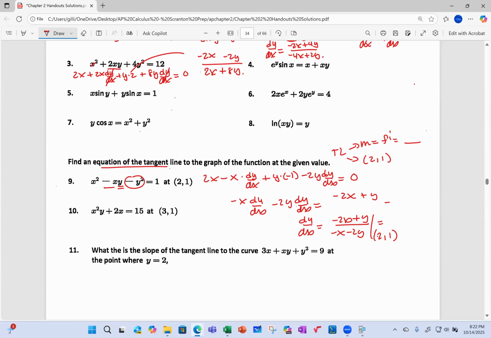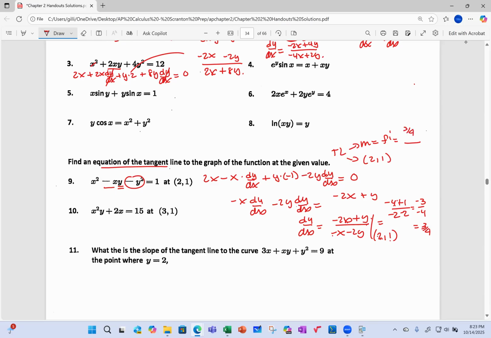So now when I do that, I'll get negative 4 plus 1, because x is 2 and y is 1. So negative 2 times 2 is minus 4 plus 1. That'll be minus 2. And then 1 times that's minus 2. So it looks like I'm getting here minus 3 over negative 4, which is 3/4. So my slope is 3/4.